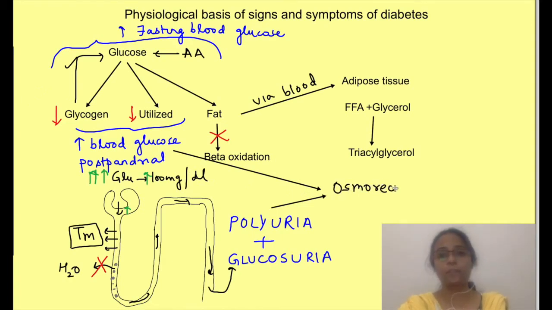Now this, when happens in osmoreceptors, thirst centers are activated, causing increase in the intake of water, that is polydipsia. So till now, we discussed physiological basis of certain signs and symptoms of diabetes mellitus, that is fasting and postprandial hyperglycemia, glucosuria, polyuria and polydipsia.